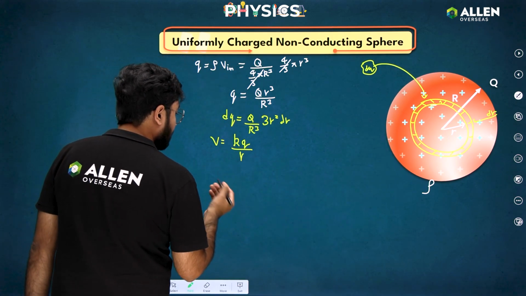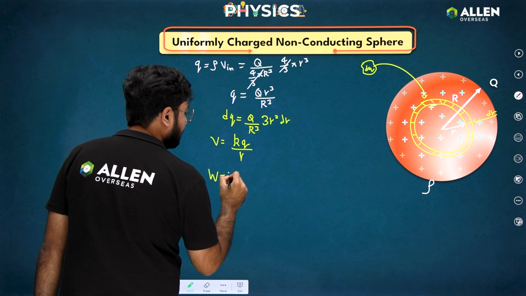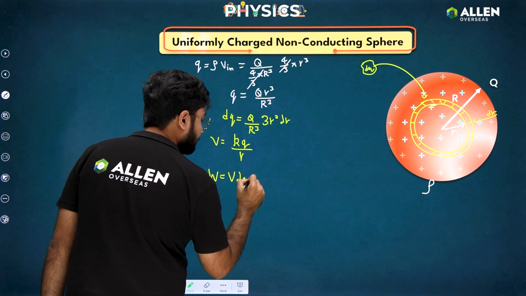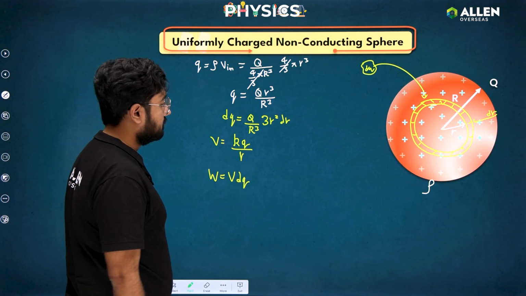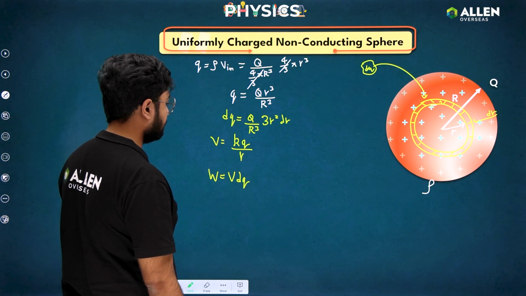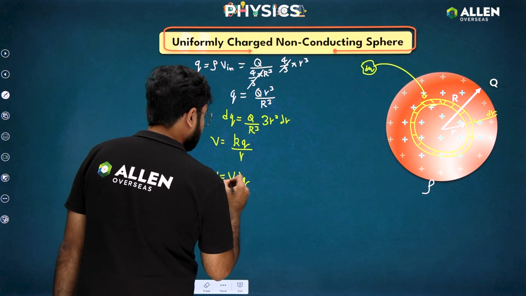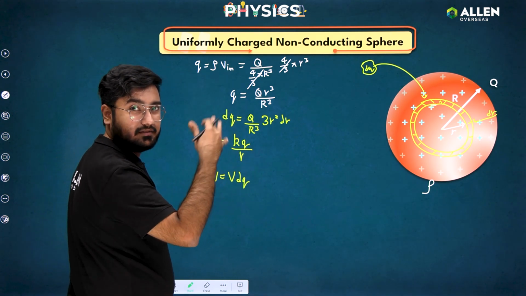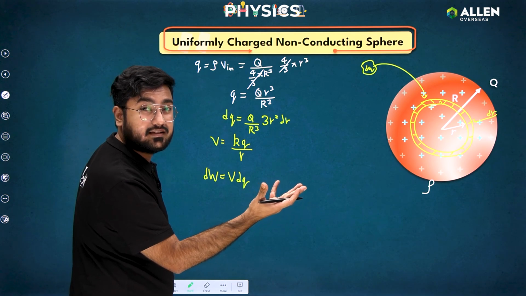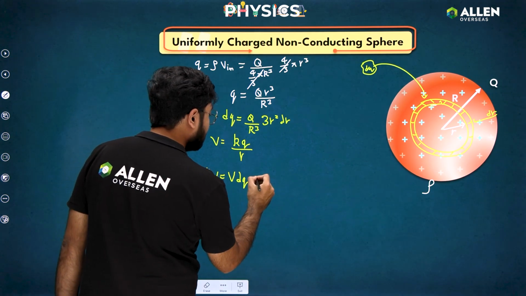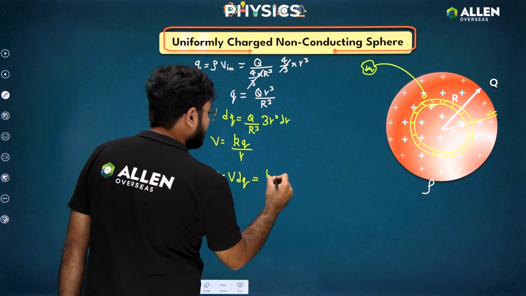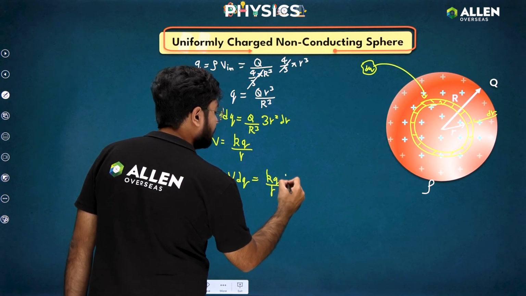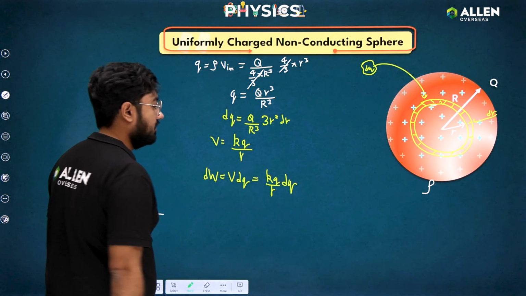Okay, what will be the work done? That is V into dq, right? So this is small work done, and when we are going to integrate it, we are going to get the self energy. So this thing will be equal to kq over r dq.